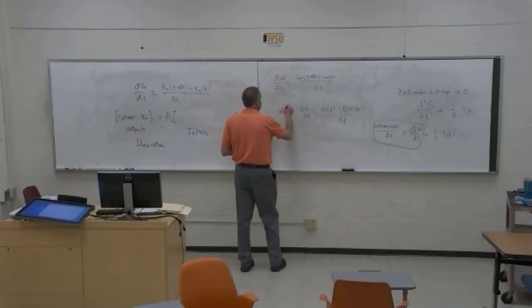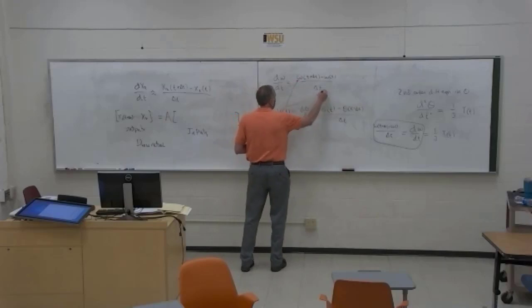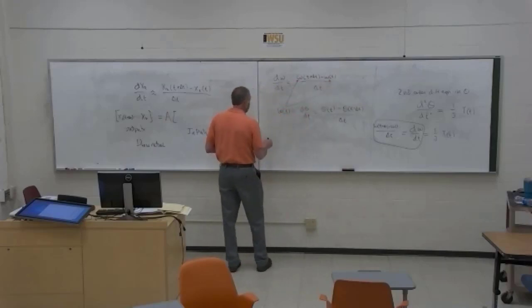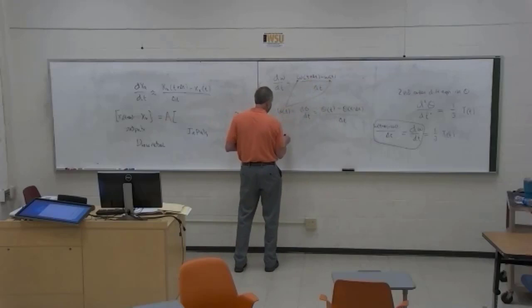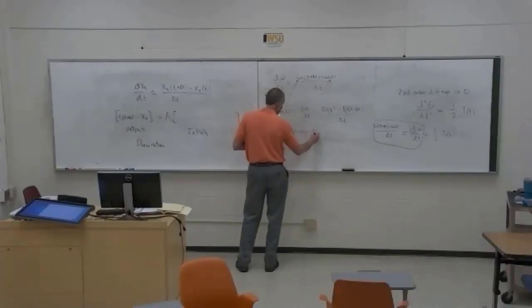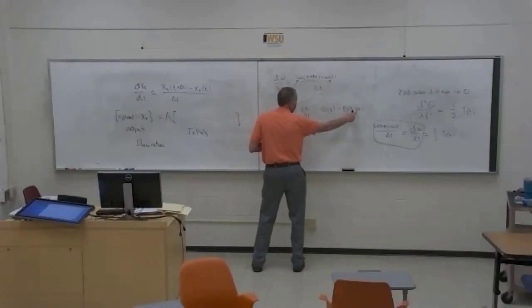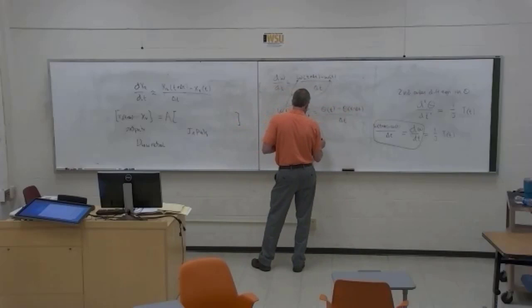And then we're going to put this for each one of the omegas up here. So for omega at t plus delta t, everywhere I see t, I put t plus delta t. And the delta t cancels with the minus delta t.